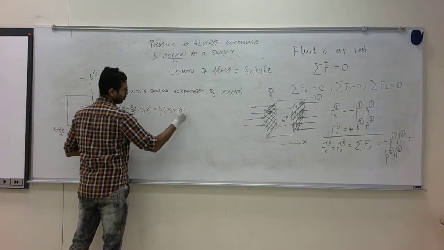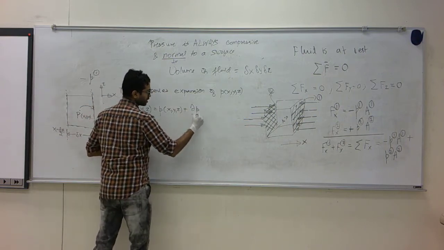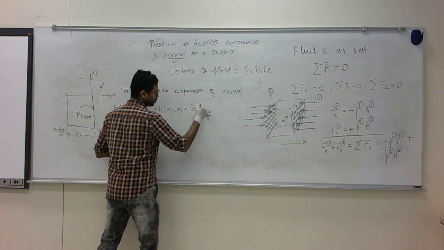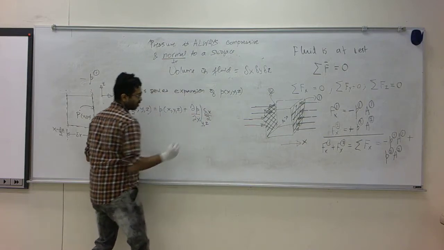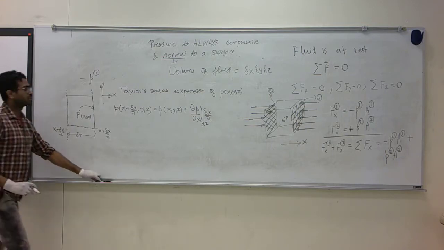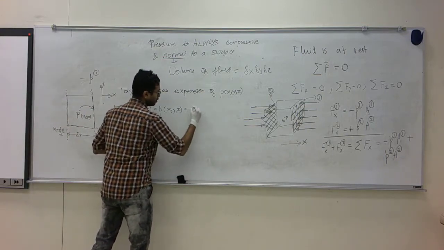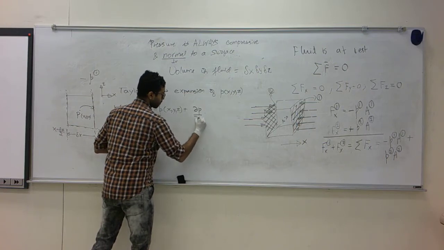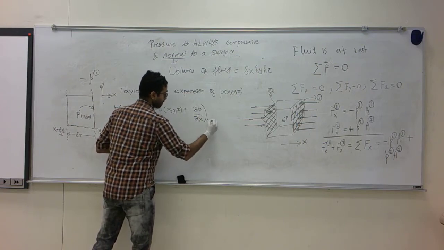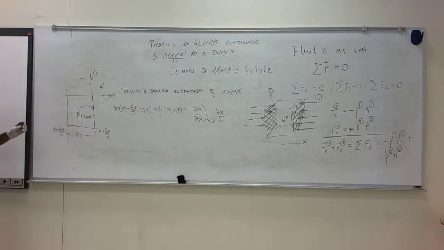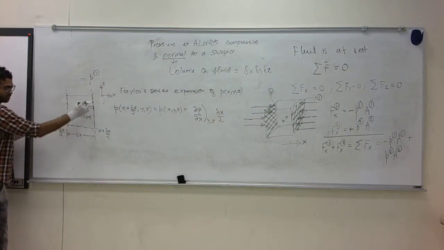xyz plus the rate at which pressure changes with x times delta x over 2, while y and z are held constant. That is the pressure on this face here.